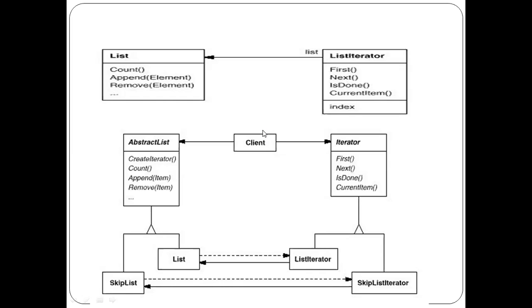The application will only call first, next, is done, and these operations. It will not access how the set of elements are inside the list or skip list. In this way, iterator solves the problem here.